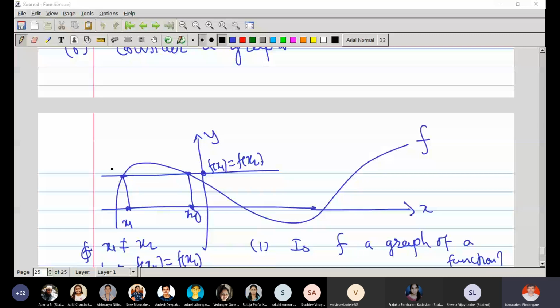If there exists a horizontal line which intersects the graph at two distinct points, then the corresponding points are the images of two distinct points, so the corresponding x coordinates are two distinct elements in the domain whose image is the same. So this is clear, the horizontal line test.